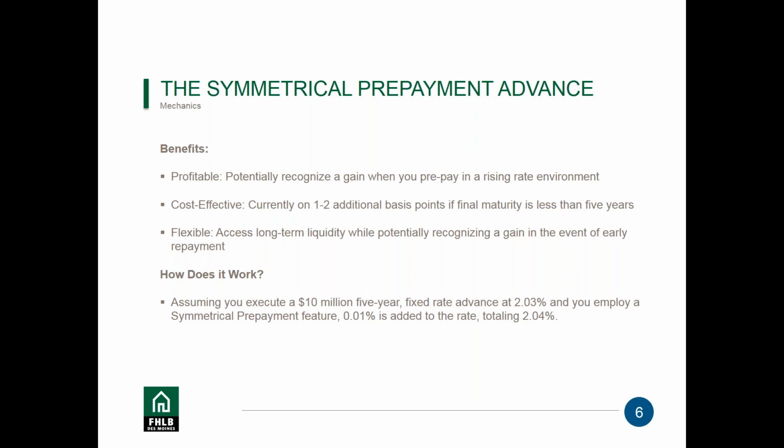Above a certain rate level, we would only pay you back at par, even though there may be an intrinsic value in the below market coupon advance. The FHLB Des Moines symmetrical structure does not, again, constrain maximum termination gains. As an example, we would not limit a gain to a certain percentage of the prepaid advance principal balance.